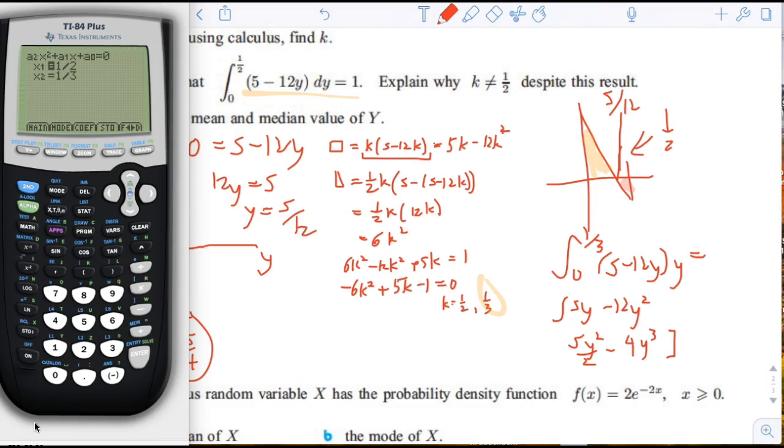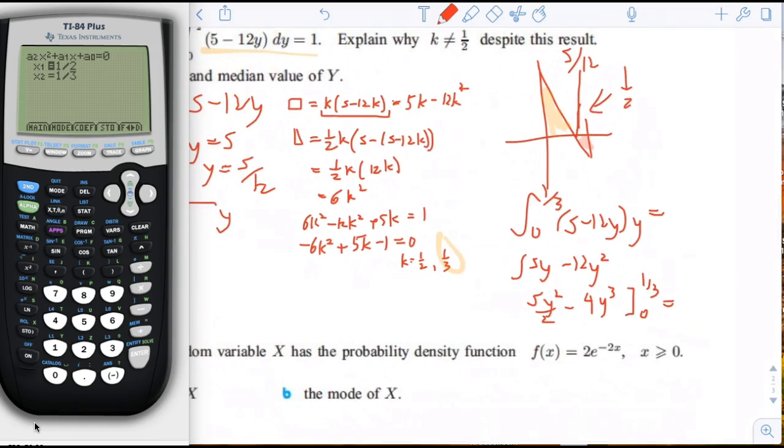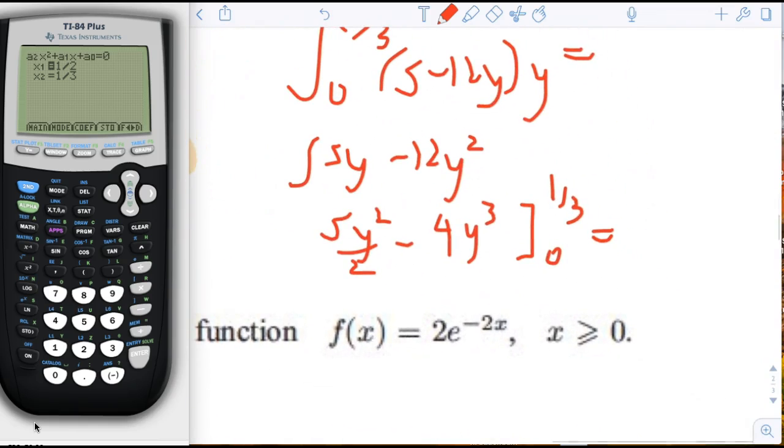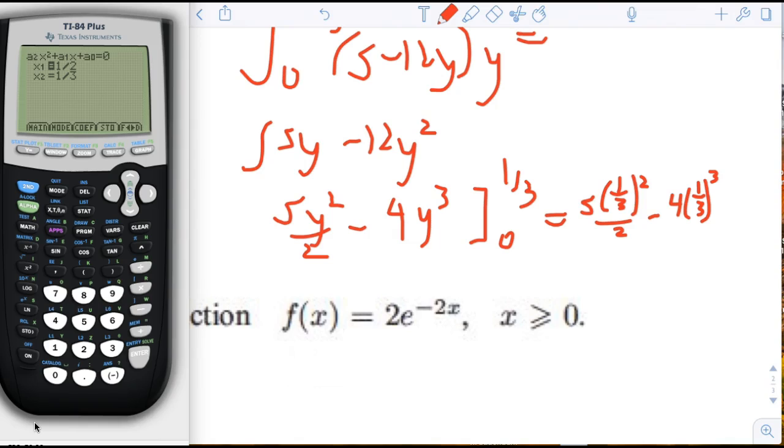And then I'm going to integrate that from 0 to 1/3, and that's going to be 5 times 1/3 squared divided by 2 minus 4 times 1/3 cubed, and then we're going to subtract the 0 term, substituting 0 in and subtracting those, but it's just 0, so we don't have to do anything with that.